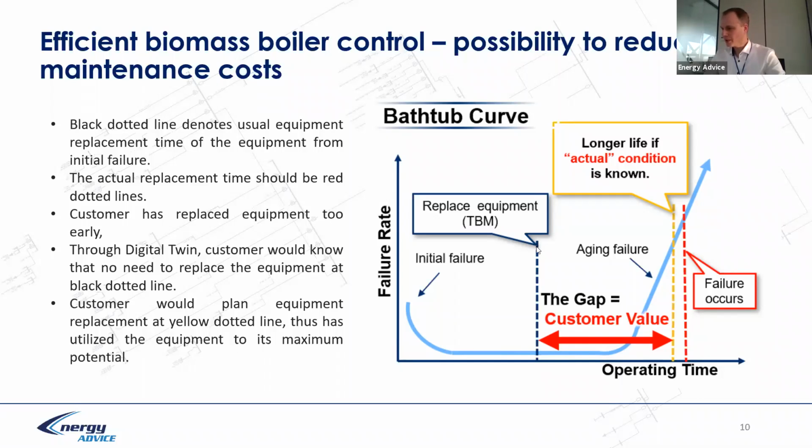So in fact, we are proposing to move this curve a little bit to the right, go near to the aging failure curve, of course not entering the failure curve, and save money.